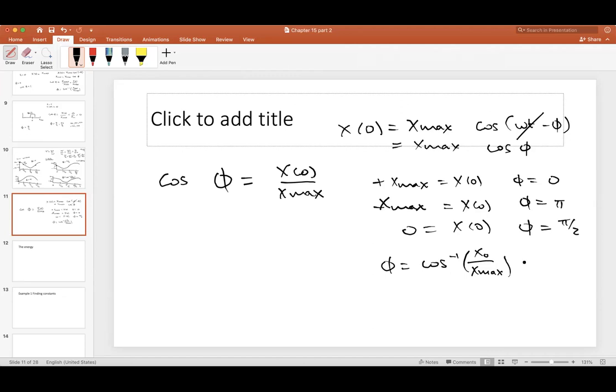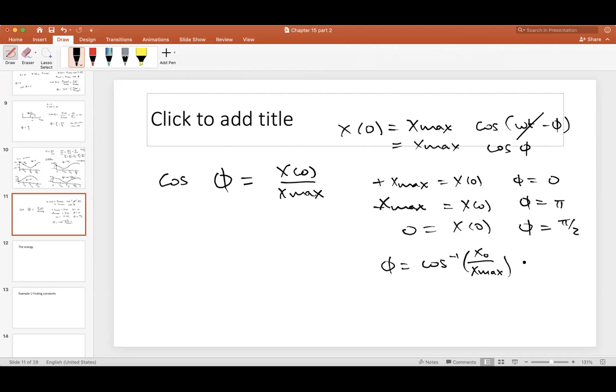On an exam, quiz, whatever from me, I will often ask people, what is phi? How do you know? Or I might tell you phi is 0 and ask you, how do you know? And the answer is, you know, because it begins at the maximum value of x. Or phi is pi because it begins at the maximum negative value of x at a negative amplitude, right?